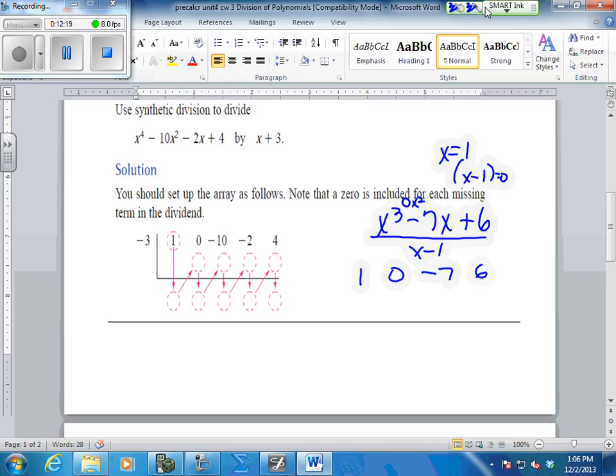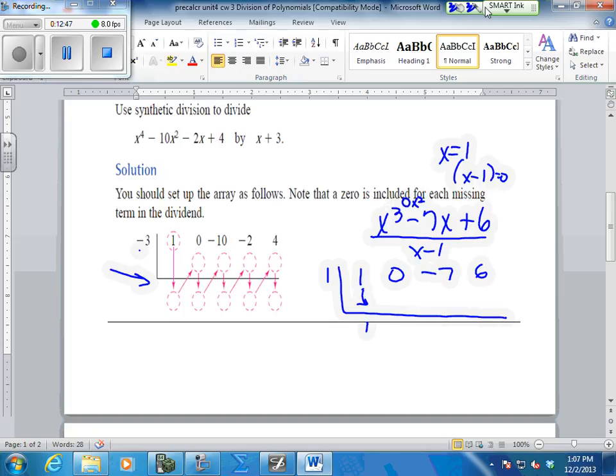So let me test this. 3, 2, 1, 0. 3 is my highest. 3, 2, 1, 0. I'm good to go. Okay? Now we're going to divide by your root for this, which is 1. That's this guy out here. Now let's follow this dotted one here. We're following this procedure. Bring the first one down. 1.